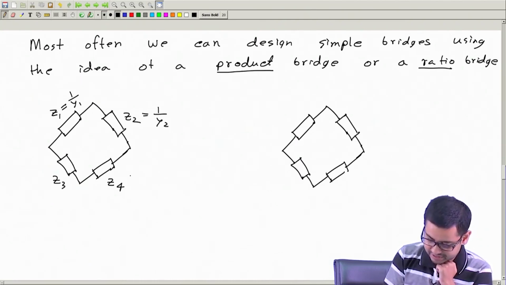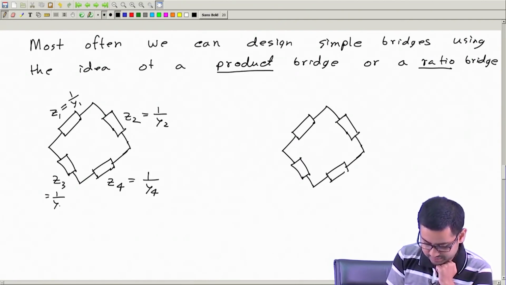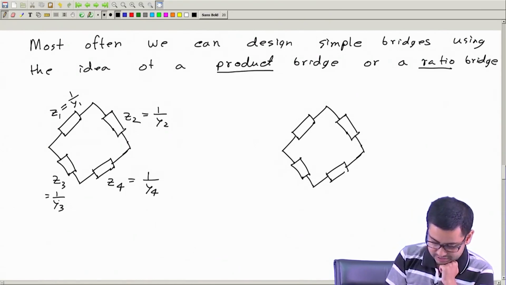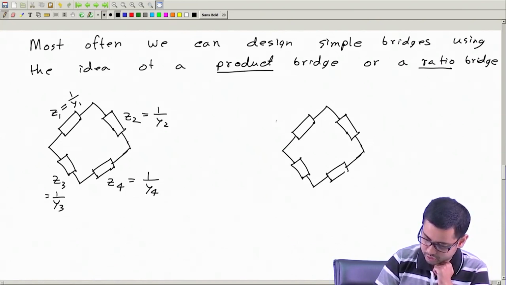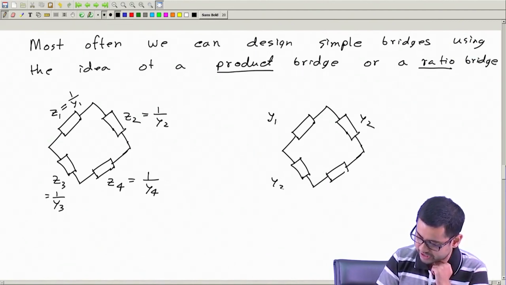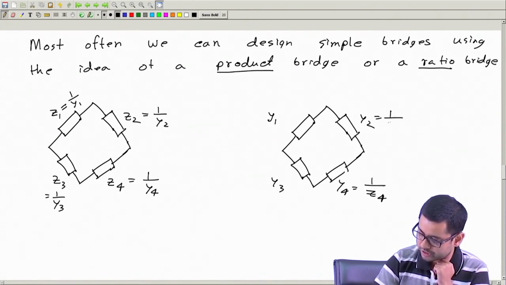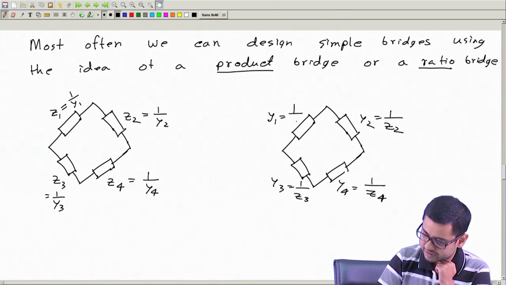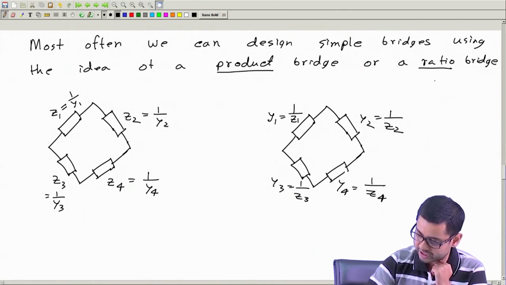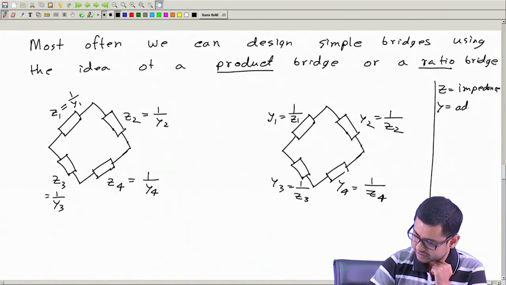So, these are admittances, 1 over Y4, 1 over Y3. Okay. Same bridge I am drawing here. So, the admittances are Y1, Y2, Y3, Y4. They are nothing but 1 over Z4, 1 over Z2, 1 over Z3, 1 over Z1. So, by notation Z impedance and Y admittance.